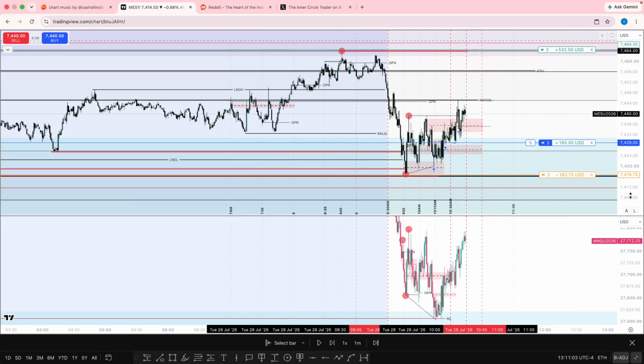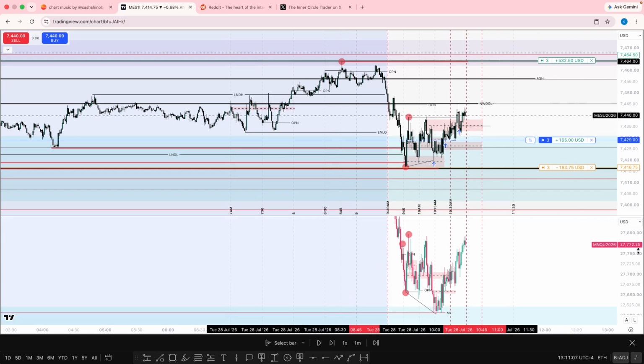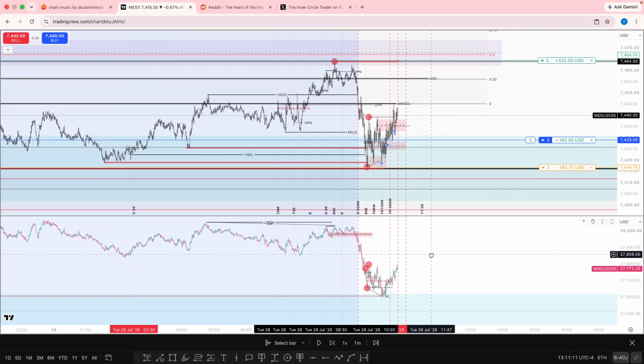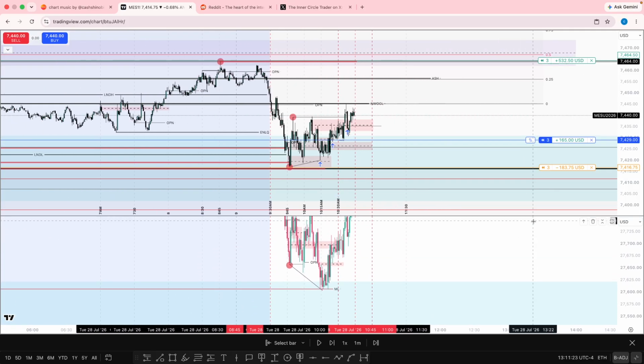Now look at NQ. 8:30 to 10:14. 10 a.m. lows are taken right here. See that? This is 10 a.m. right here.